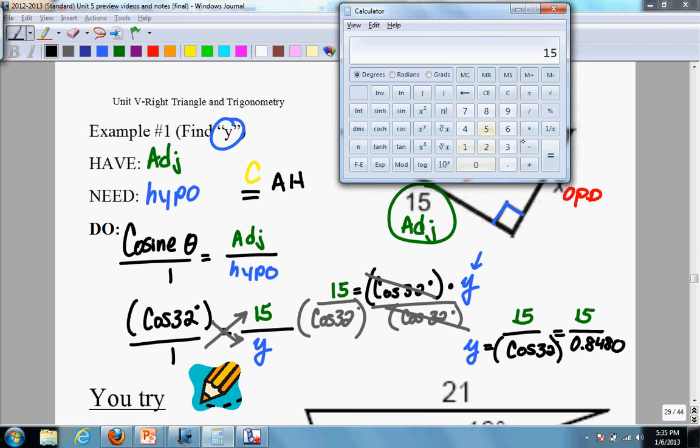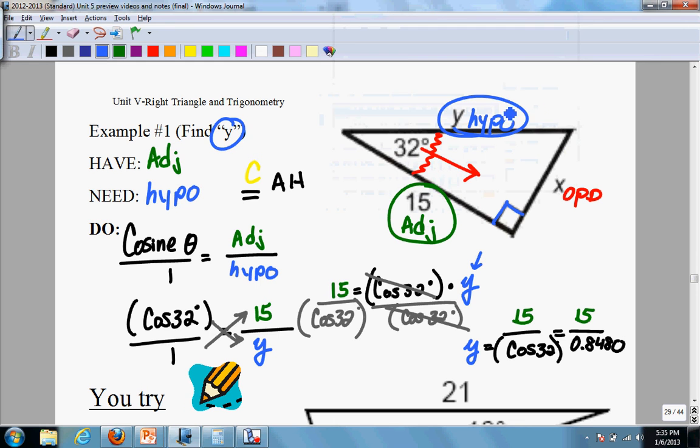I'm going to 15 divided by 0.8480 equals, I get 17.7. So our hypo here is going to be 17.7 degrees, or whatever the units are.